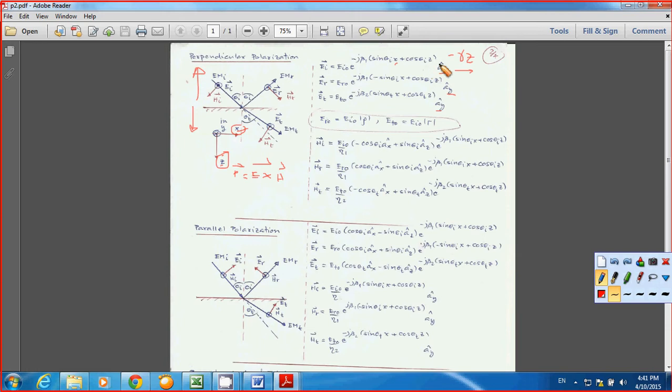That's why you have x and z here, right? This shows you the direction of propagation.